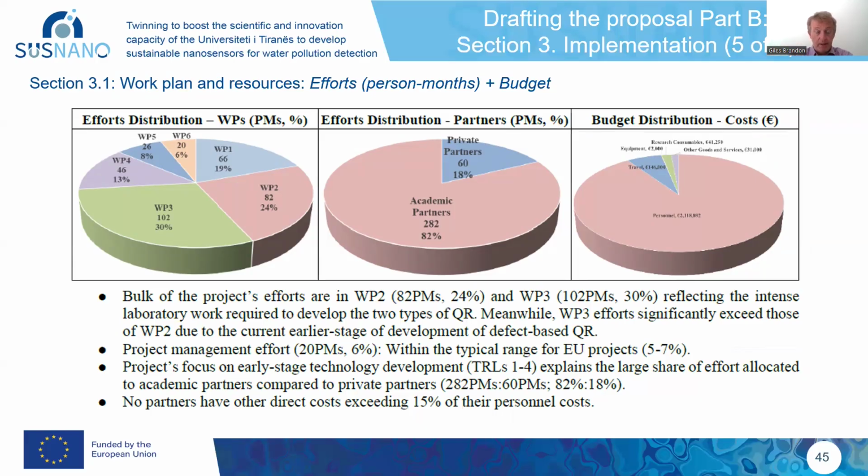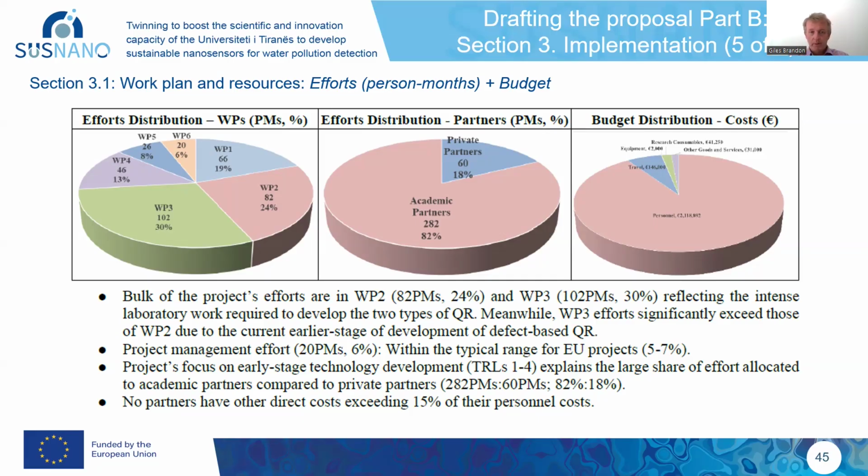The classic thing that I do, and I think a lot of proposal writers do, is to come up with some simple pie charts to illustrate how the efforts, in other words, which is the Commission's term for person months. Classic thing to do is come up with a pie chart you see on the left, where you show the number of person months and what that means in terms of percentage-wise for all your different work packages.